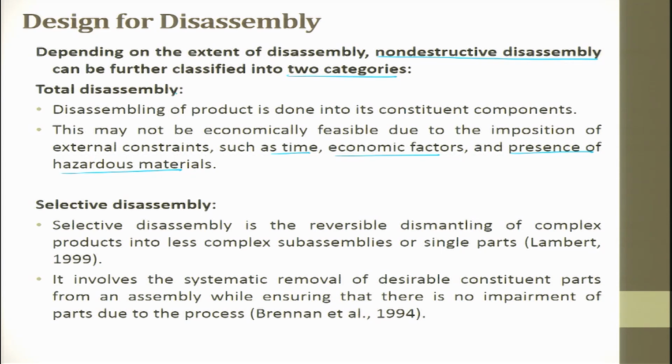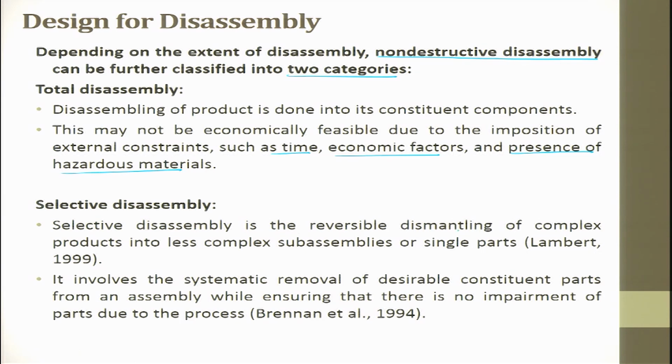This is total disassembly. Selective disassembly is a reversible dismantling of complex product into less complex subassemblies or a single part. So, I try to remove certain parts of the entire component.